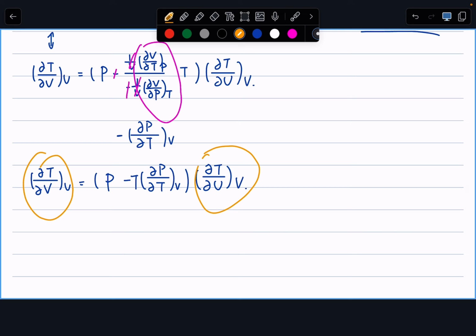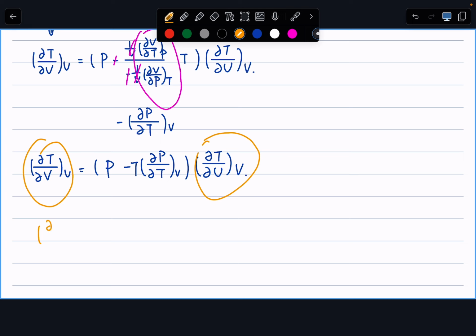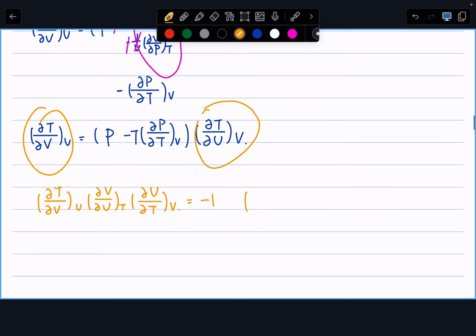In this case, if we write everything out, we have dT over dV at constant U times dV over dU at constant T times dU over dT at constant V, and that equals negative 1.